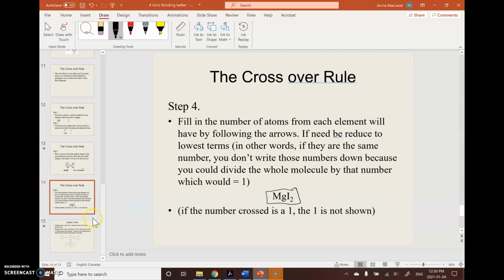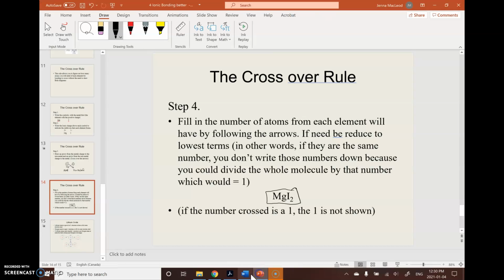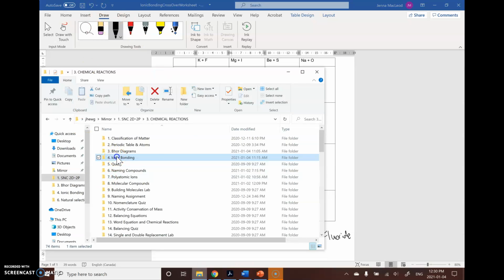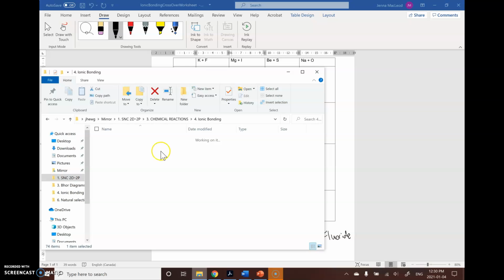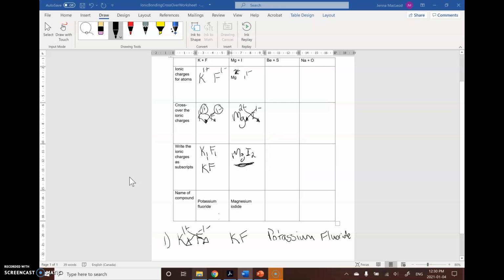For example, let's take a look at the naming ionic compound sheet, which is on our homepage.